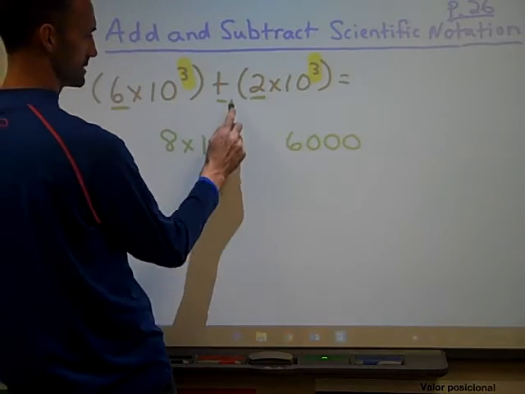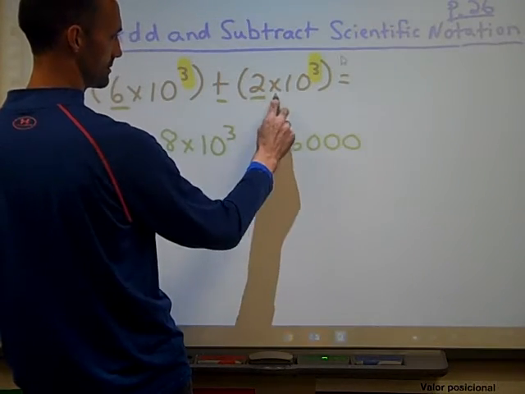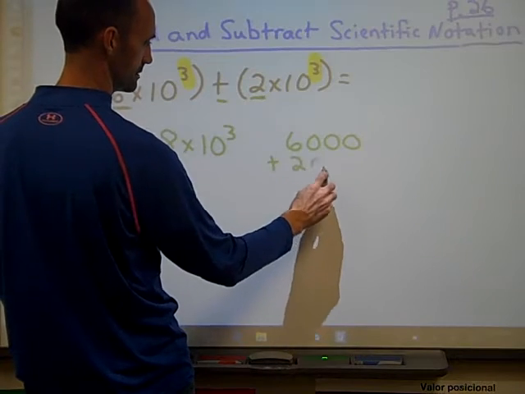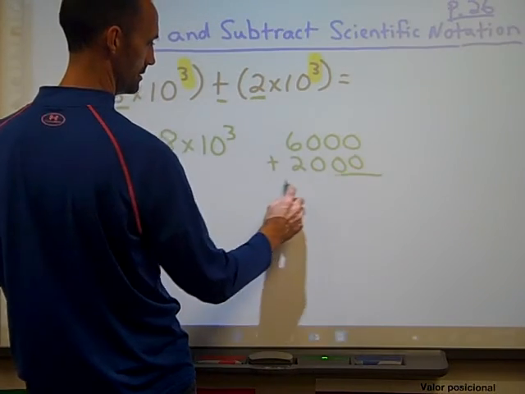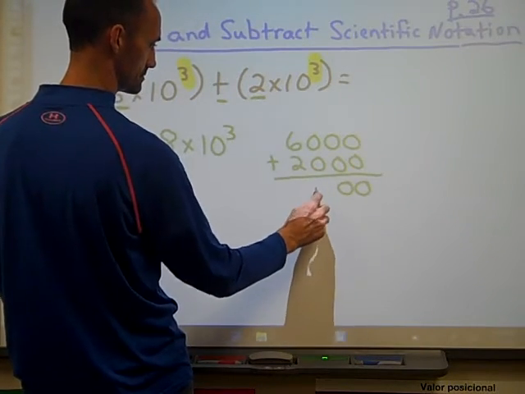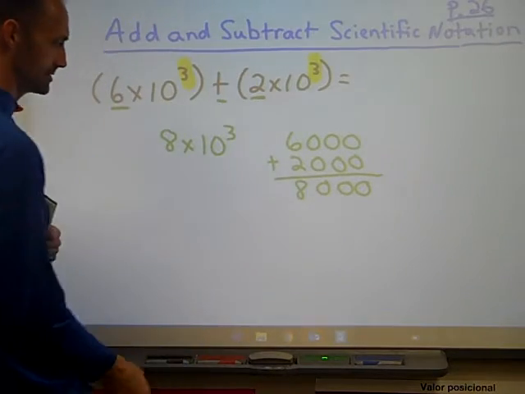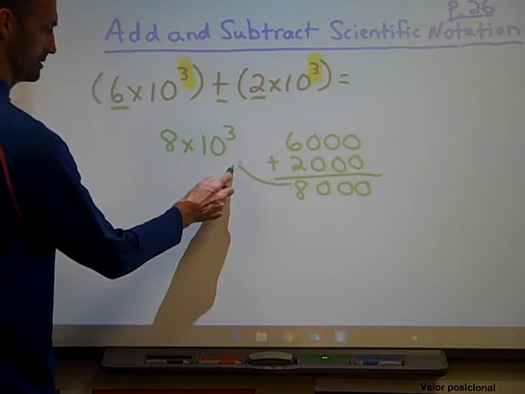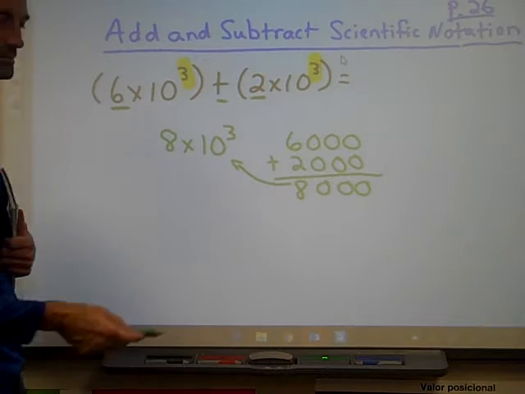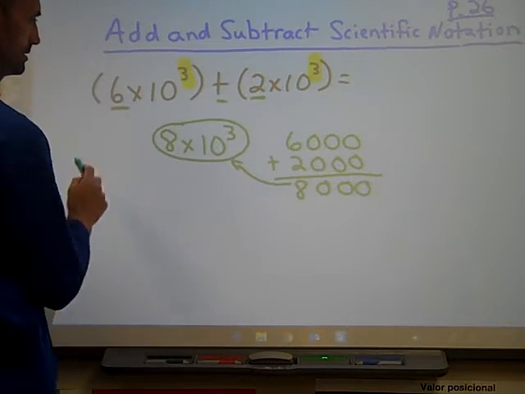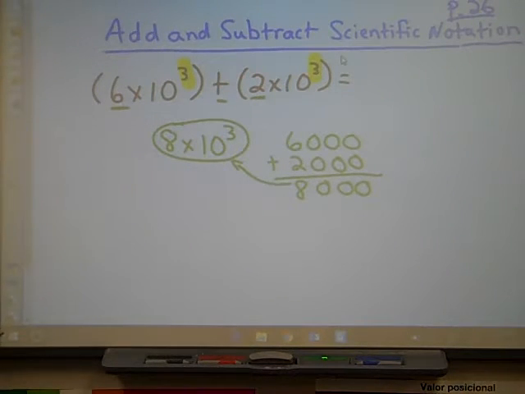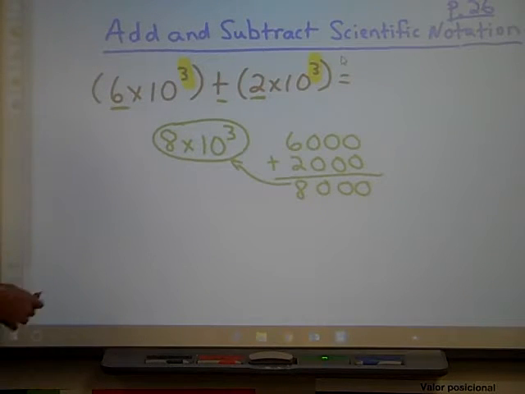So 6,000 plus 2,000 equals 8,000, which is the same as that. Okay? So 6 times 10 to the third plus 2 times 10 to the third equals 8 times 10 to the third.